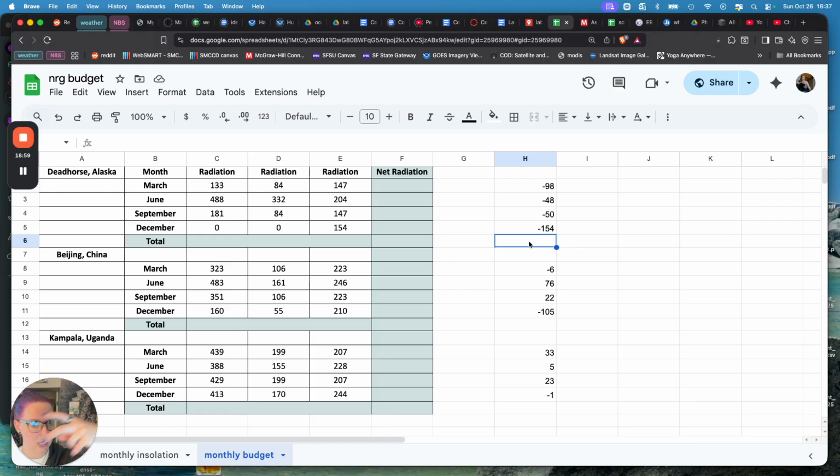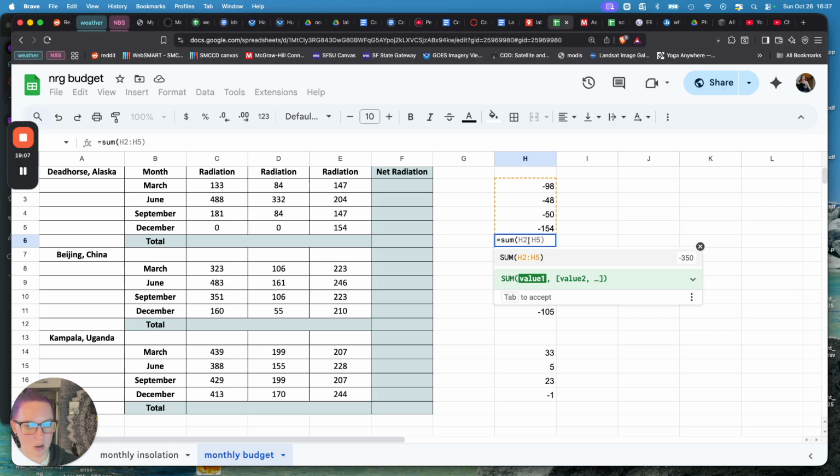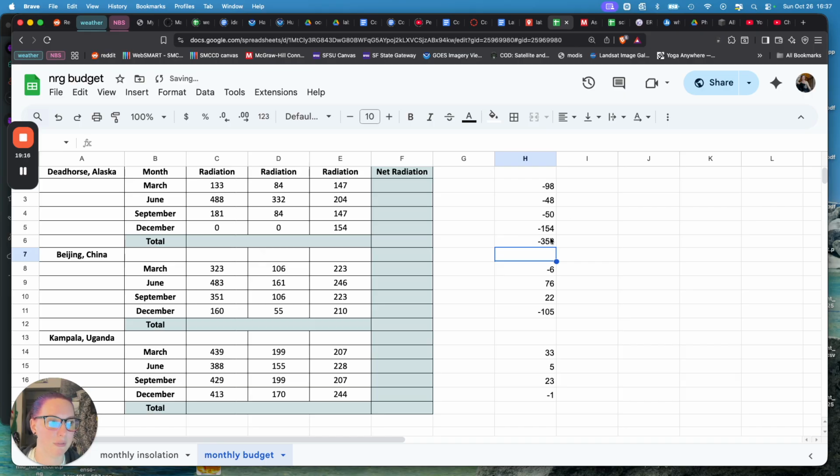Again, first thing you do, equal sign. And then it is already anticipating what it wants me to do, but I'll just type it in anyway. Sum, open parentheses, and then select those cells, close parentheses, and then just hit return, and it gives you a full sum or total of the entire net radiation.